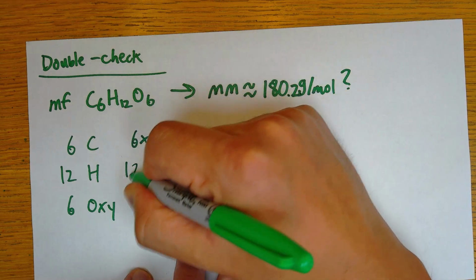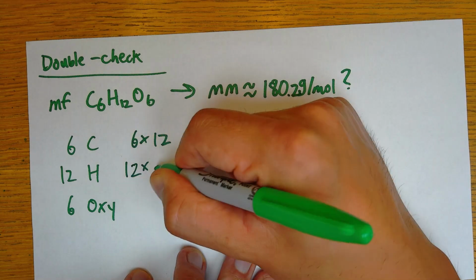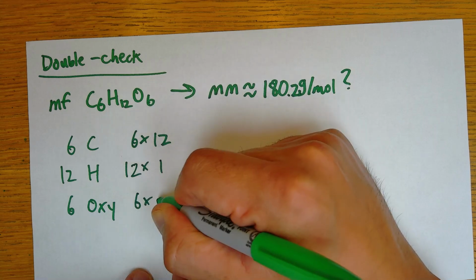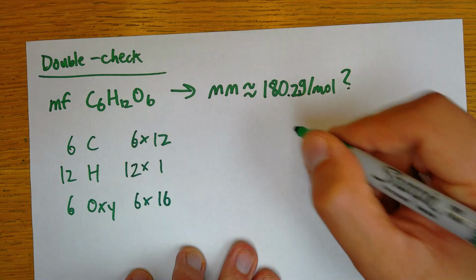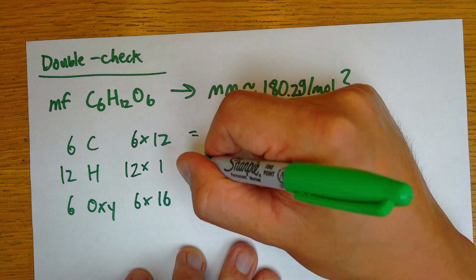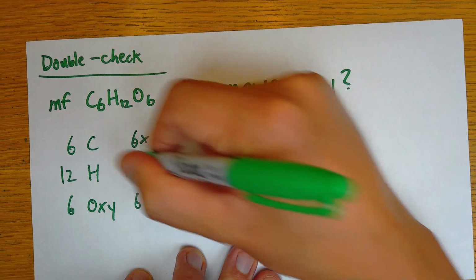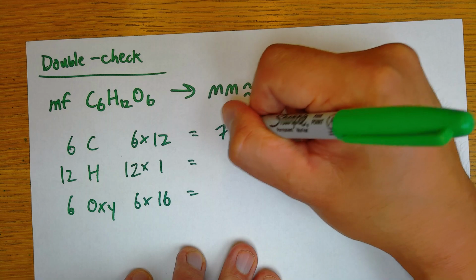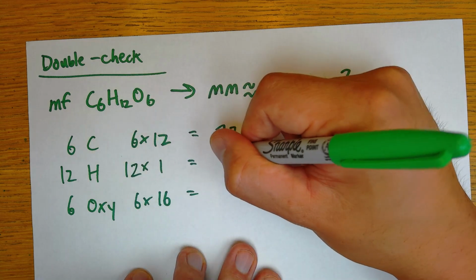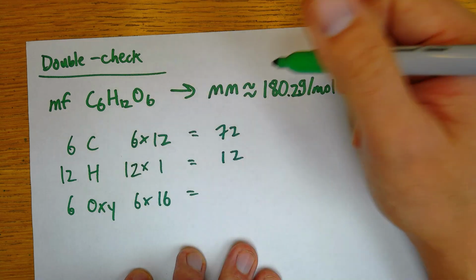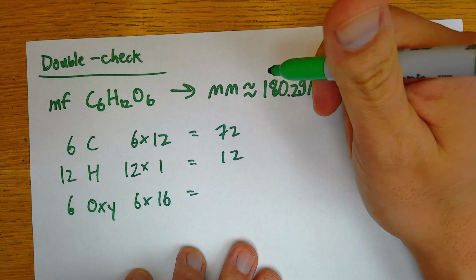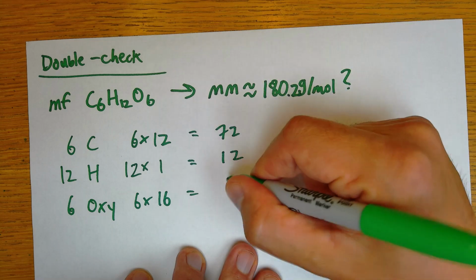12 times 6, 12 times 1, and then 6 times 16. So it's 72, 12. What's 6 times 16? Oh my gosh. 96.